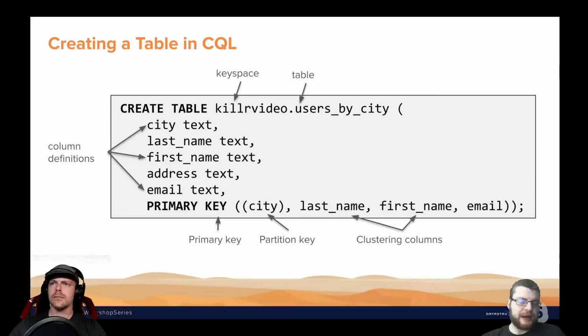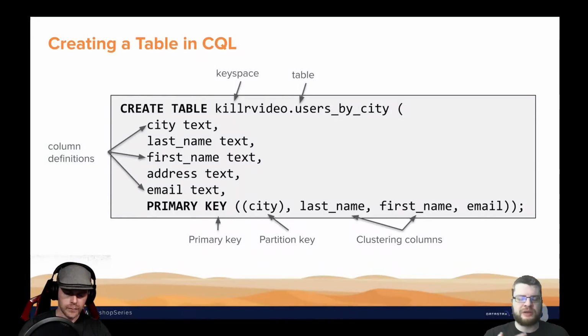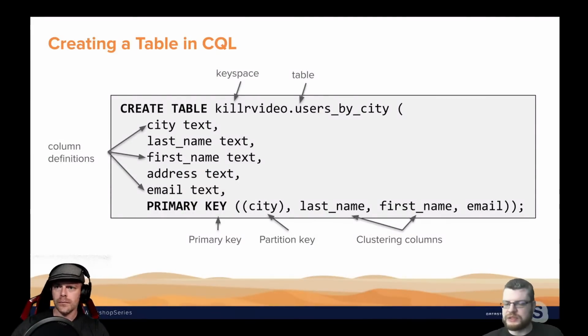So if the partition key is maybe the country and the city on your address, the clustering columns would be your street name, your street number, all those things. They're the things that get you that last mile to your data. So that's how you use them.